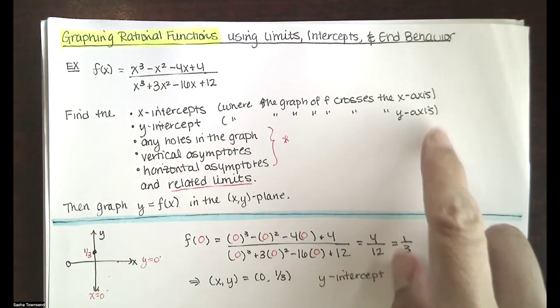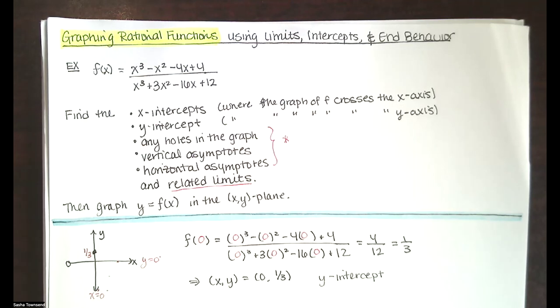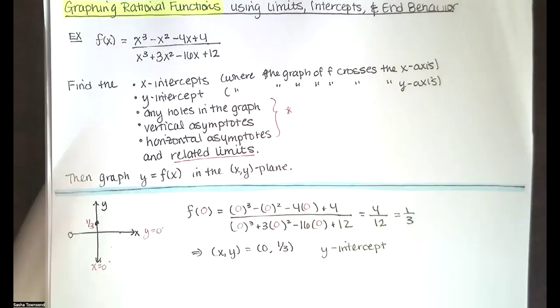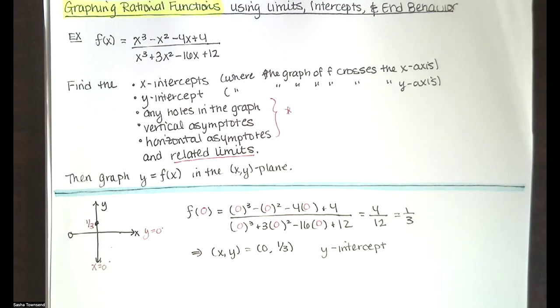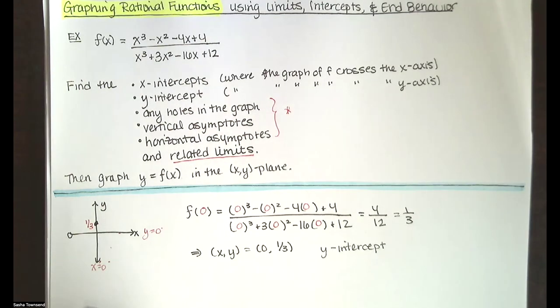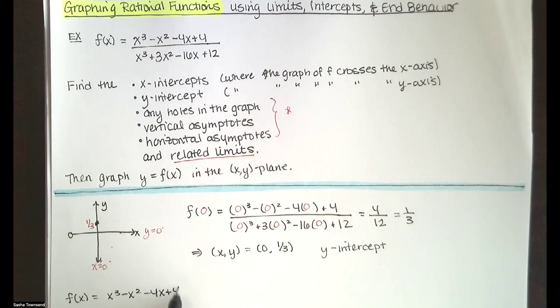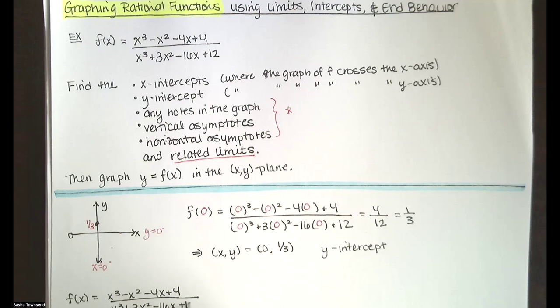To find the x-intercepts, we have to factor that numerator and denominator as much as possible, cancel any common factors, and then set the remaining numerator equal to 0. So we've got this, and we're looking at the numerator first. We might ask ourselves, is there an easy way to factor that?